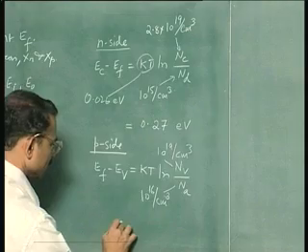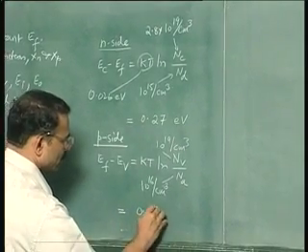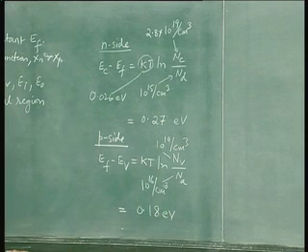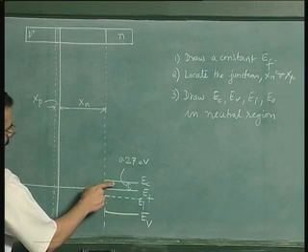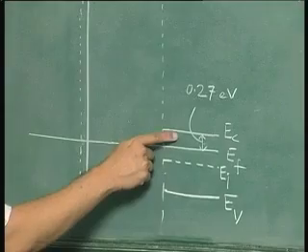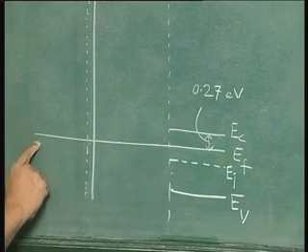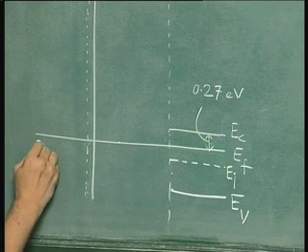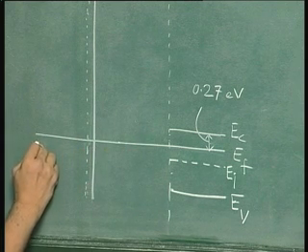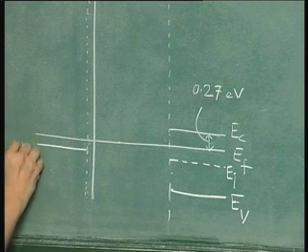And so the result is, at room temperature, this is 0.18 electron volts. So since we want to draw it to scale, notice that 0.18 is 2/3 of 0.27. So 2/3 of this distance, you must locate the EV here. So this is EV.